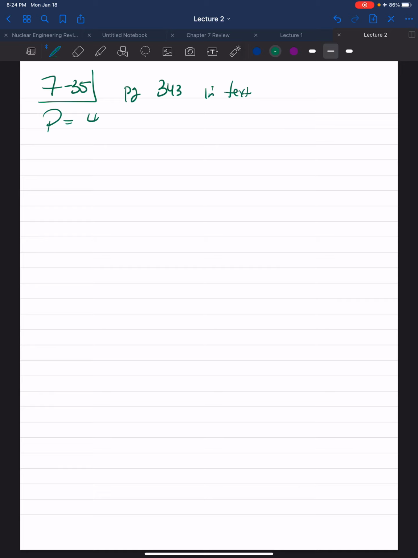So they said P is 40 kilonewtons. The diameter of every bar in the figure is 0.02 meters, 20 millimeters.